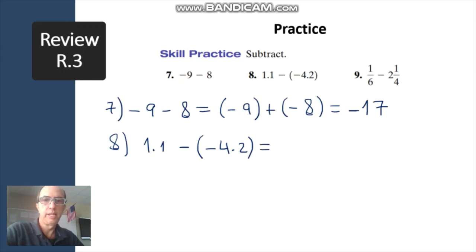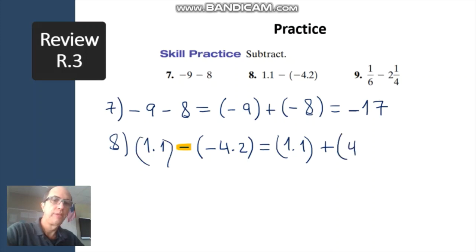So the negative sign is the modifier here, 1.1 plus the negative sign. We modify this into its opposite. Opposite of negative 4.2 is positive 4.2. And 1.1 plus 4.2, 5.3.